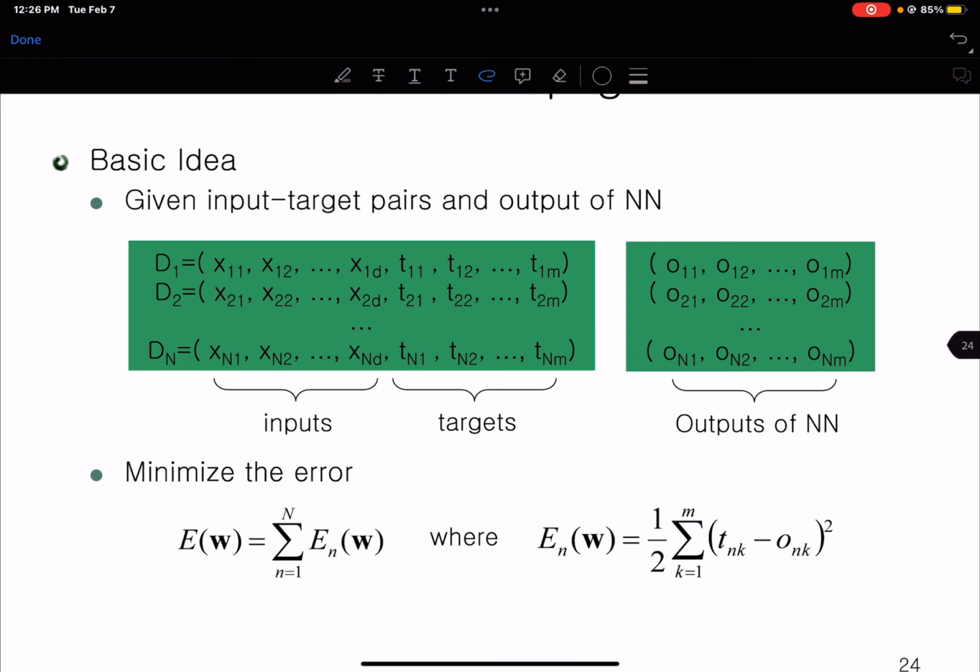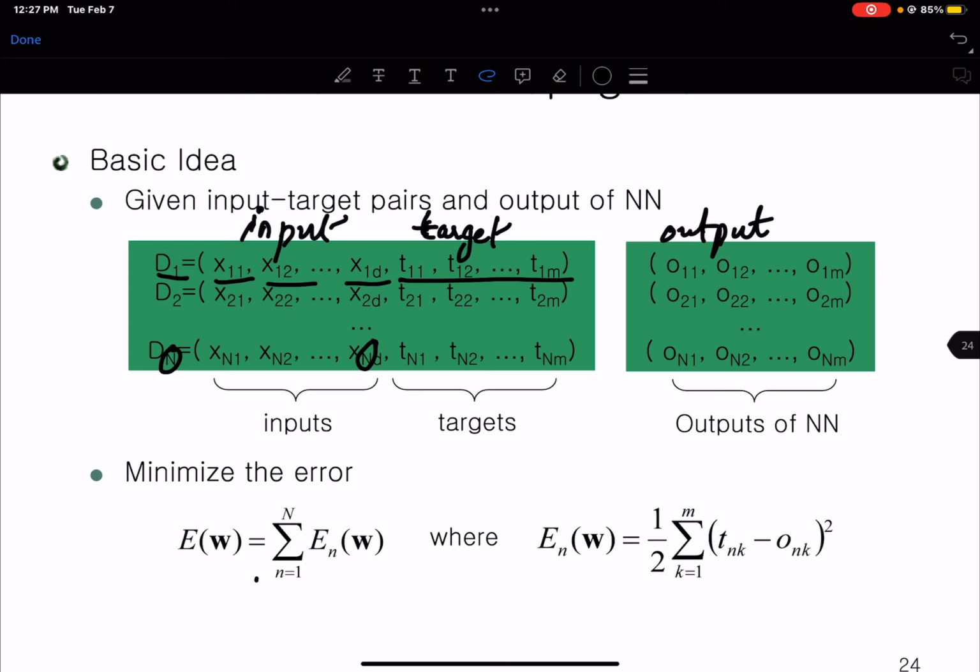So if we have an input for data sample 1, x11, x12 up to x1d, where d is the number of features and n is the number of samples, then the output and y, and we define t as the target. So now y is replaced with t, that is your target, x is your input, and O is the actual output of your network.